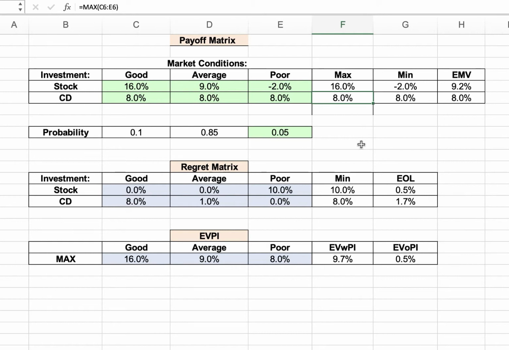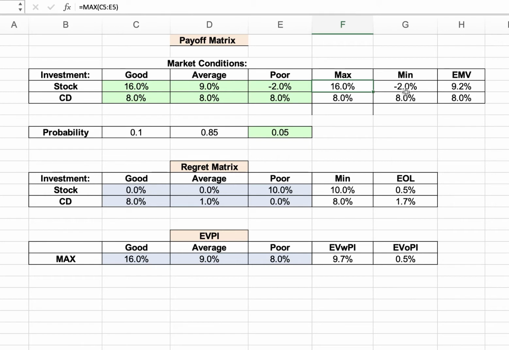Well, we have a few different approaches. Using the Minimax approach, remember that's the optimistic approach, we would look for the best of the best returns, and that belongs to the stock alternative. So taking that approach, we would invest in the stock.